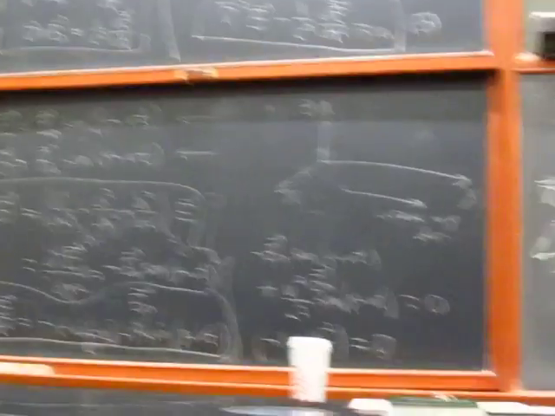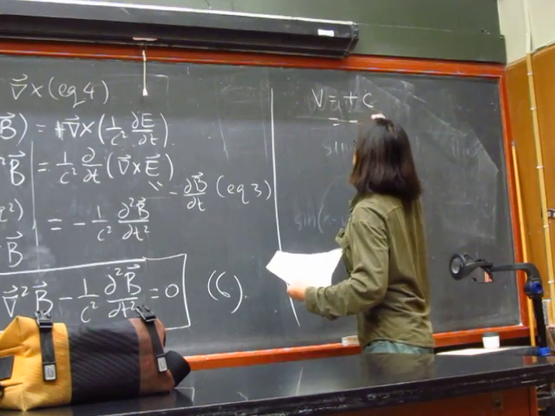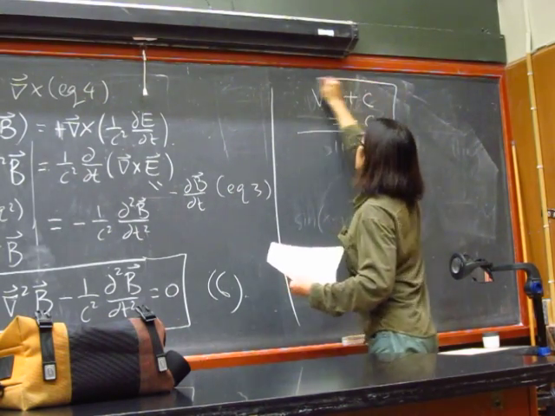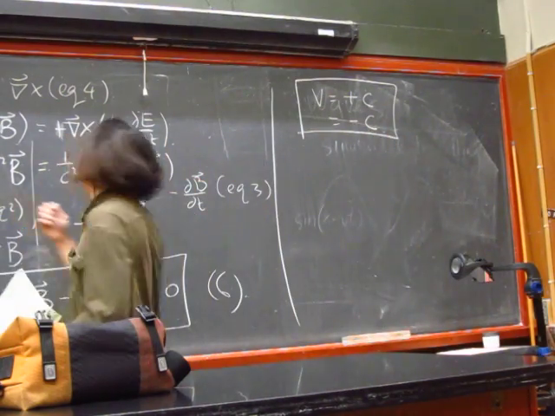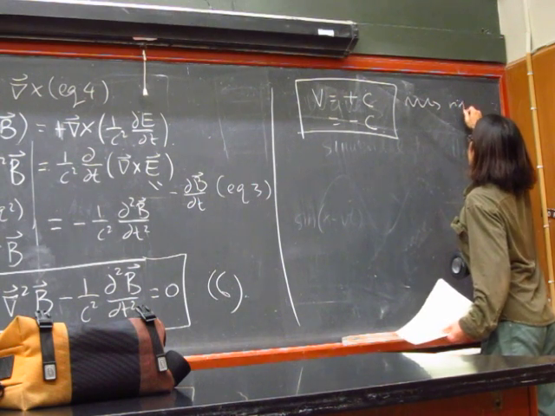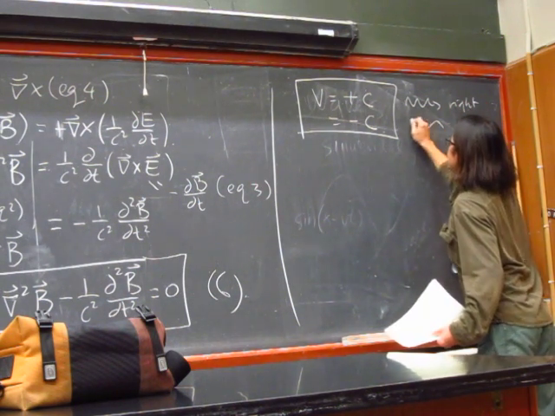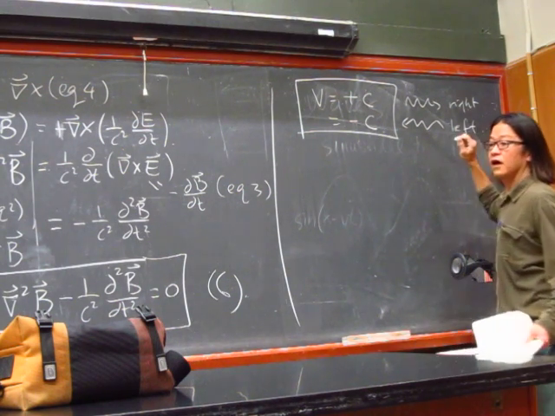Therefore, v is equal to plus c or minus c. If the wave is traveling to the right, it's plus c, and if the wave is traveling to the left, it's minus c.